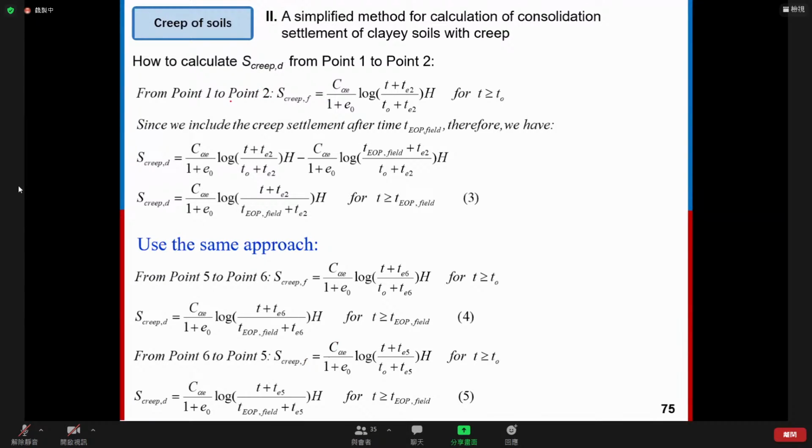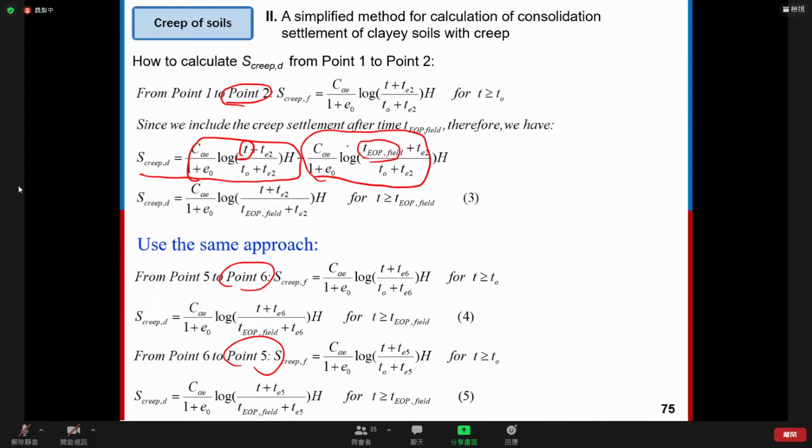Similarly, when the final point is on 0.2, which means the point is on the OCL line, 0.6, 0.5, they are the same. So you can see here, we calculate this part first. This is S-script final, minus, we just replace this T by TEOP at field.